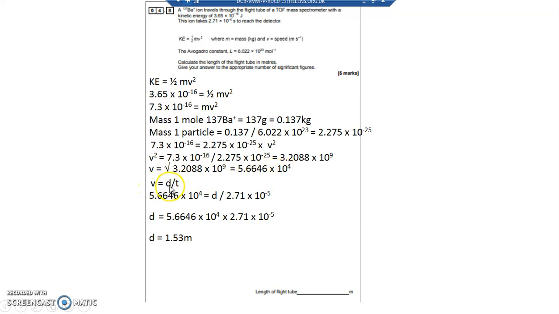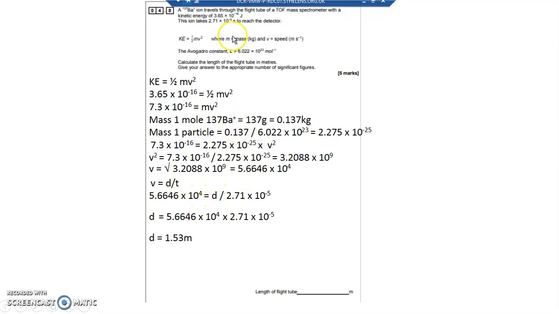Now velocity is distance divided by time. You'll know that speed is distance divided by time because, for example, the speed of a car might be 30 miles per hour. So distance, miles, time, hour, per means divide by. So speed is distance divided by time. I've got my speed, 5.6646 times 10 to the power of 4.